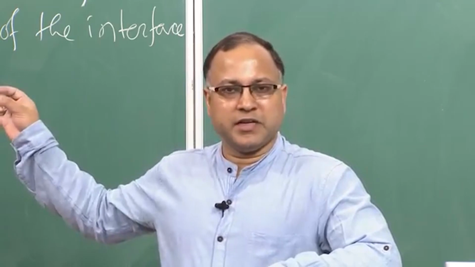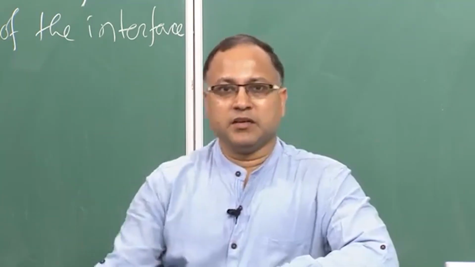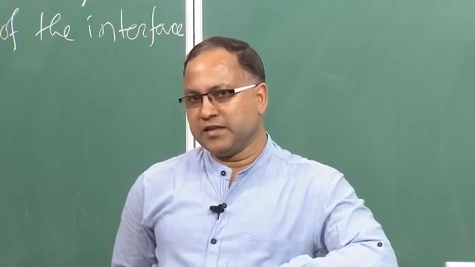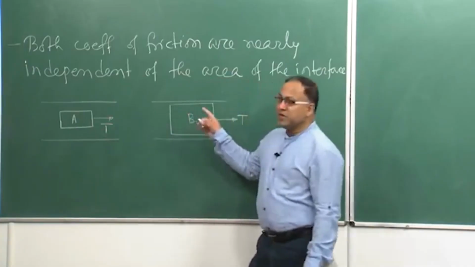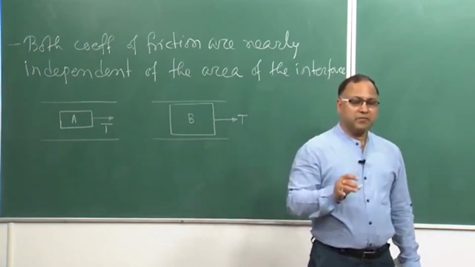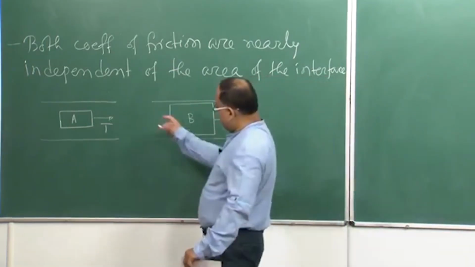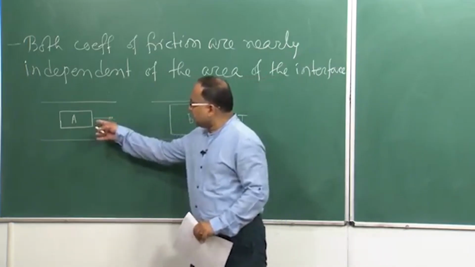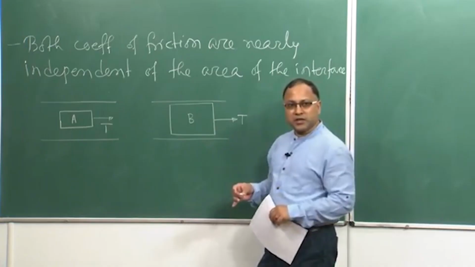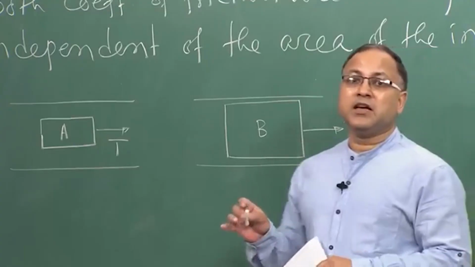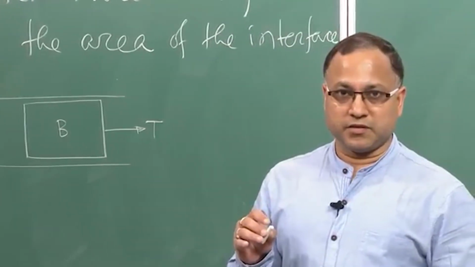As you have already seen in the previous figure, N is the vertical reaction at the surface, or at the interface. Block A is much smaller than block B area-wise, but that will not affect the friction force which is developed at the interface.